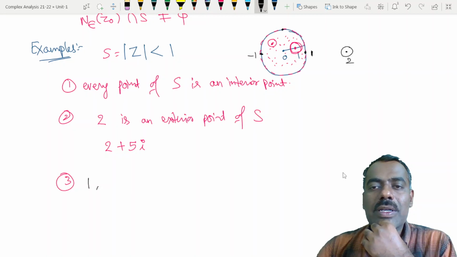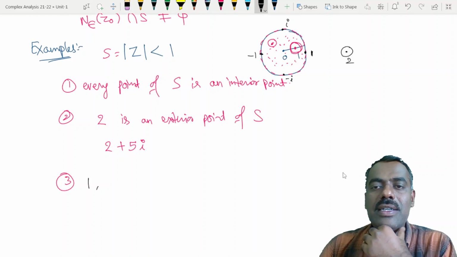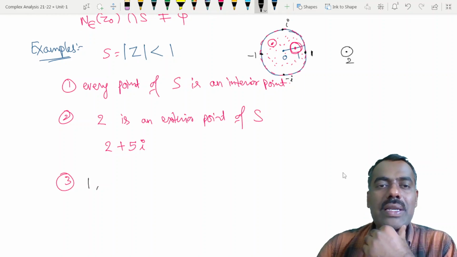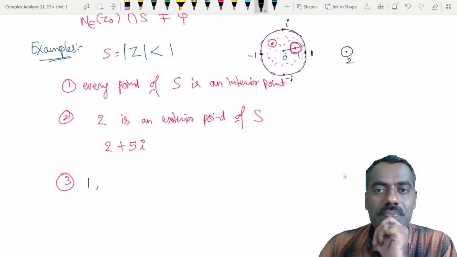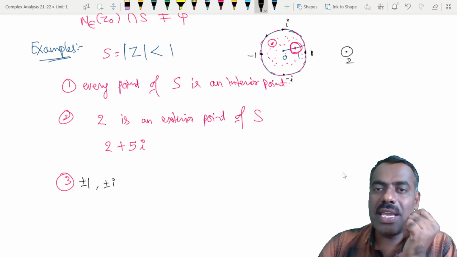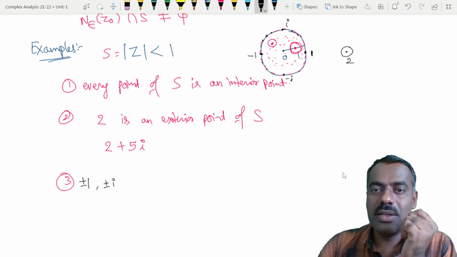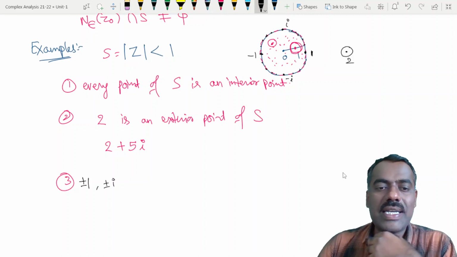And this is i and this is minus i, whose absolute value is exactly equal to 1, right? Plus or minus 1, plus or minus i, or any points lying on this circle, they are all boundary points. Is that clear?